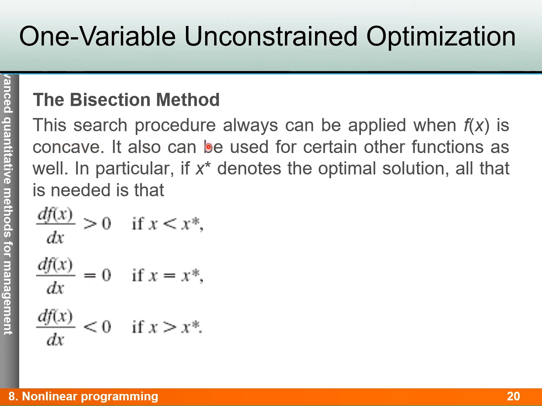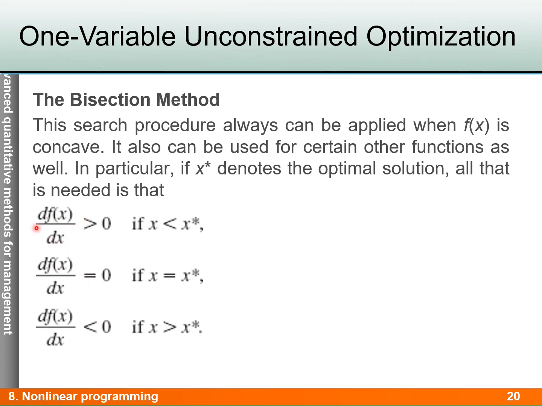It can also be used for certain other functions, as I told you. In particular, if x star denotes the optimal solution, all the possibilities that happen are these three forms.